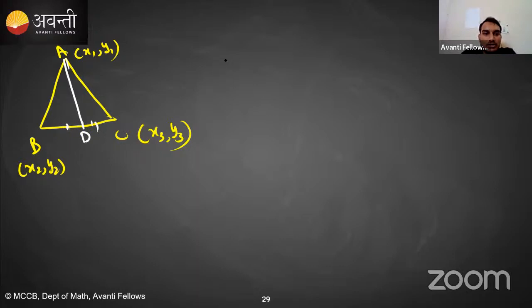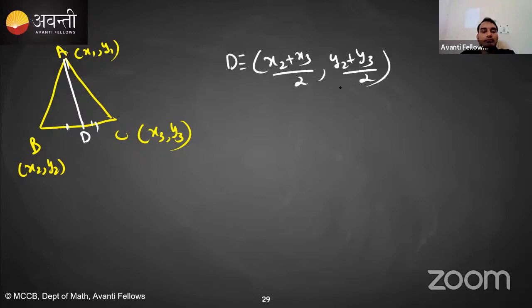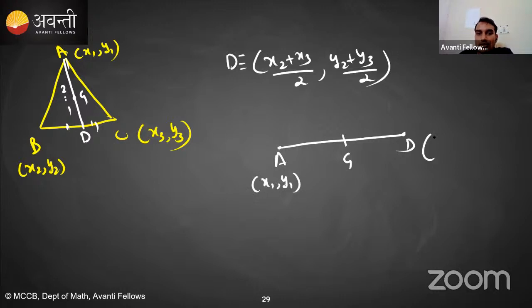So using the midpoint formula, what is the coordinate of D? Coordinate of D is x2 plus x3 by 2, y2 plus y3 by 2. Clear? Again, you know that this is your point A, this is D, and centroid is here. This is G, which divides in 2:1. The coordinate of A is also given, x1, y1. The coordinate of D is also known, x2 plus x3 by 2, y2 plus y3 by 2.